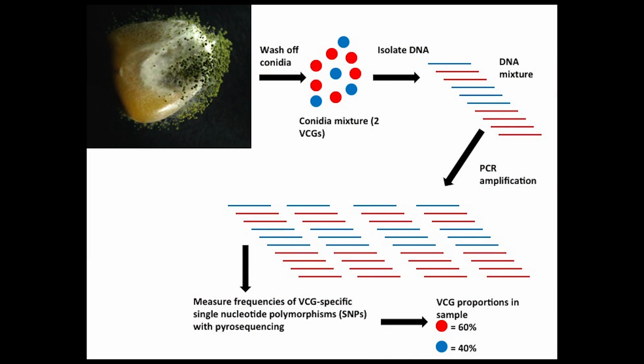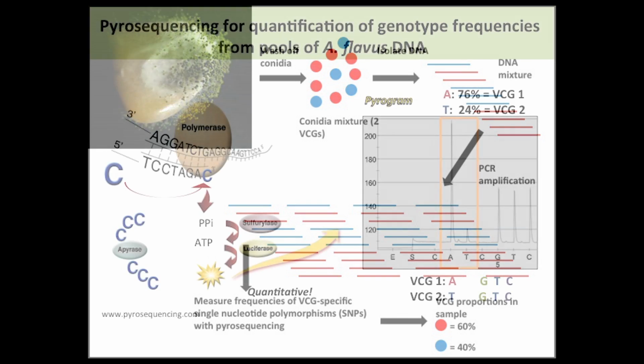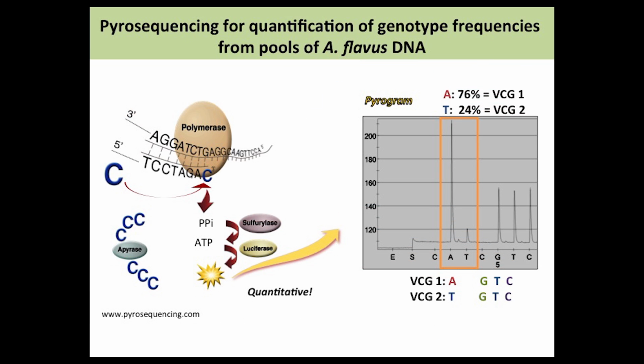And then it's amplified by PCR, but as indicated by the red and blue, we can still look at the proportions of the 2 different genotypes in the mixture. And then what I've done is measure the frequencies of the different genotypes or VCGs using detection of isolate-specific single nucleotide polymorphisms, or SNPs, using pyrosequencing, which I'll explain further.